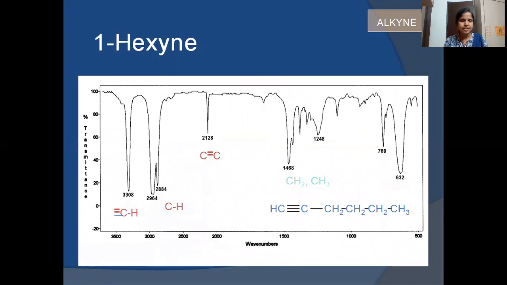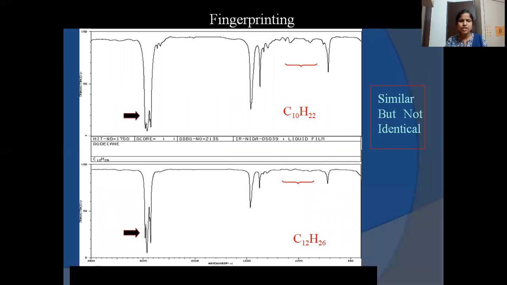Then 1-hexyne. So this is C triple bond C-H around 3300 as I said. You can see a strong band at 3300, and the remaining is again sp3 carbons only. Then these are again bending vibrations. The fingerprint region is very useful to differentiate when 2 molecules are similar but not identical.